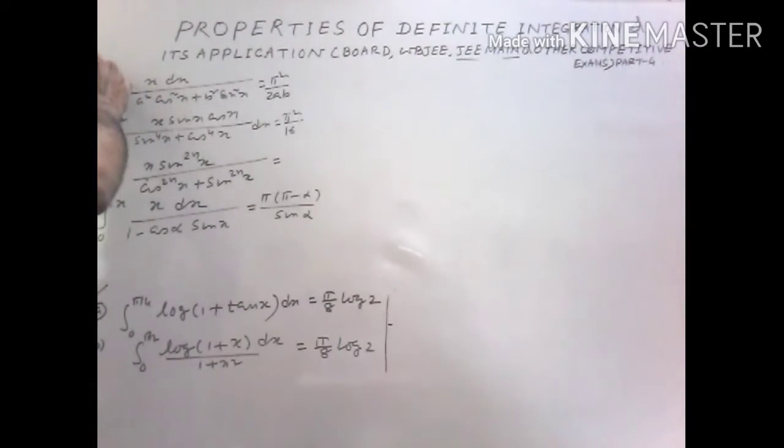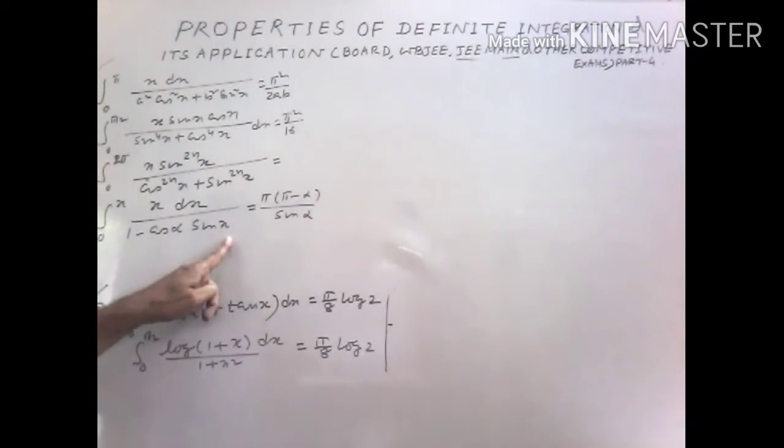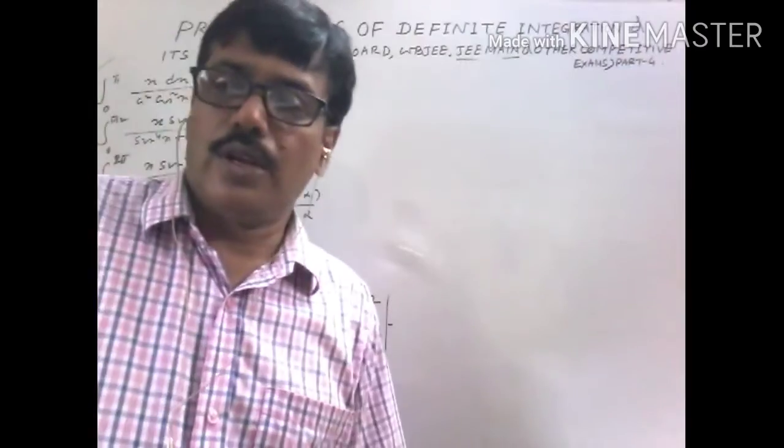Now problem number 3: x dx by a square cos square x plus b square sin square x; x sin x dx by sin to the power 4x plus cos to the power 4x; x sin to the power 2nx cos to the power 2nx; x dx by 1 minus cos alpha sin x.